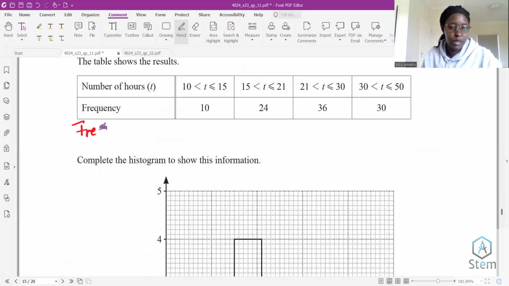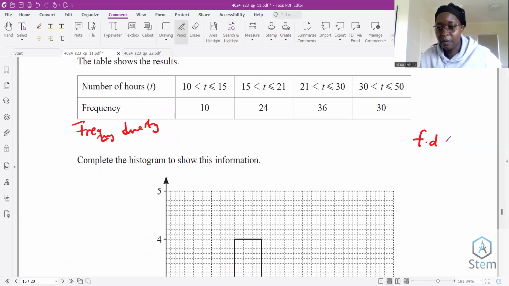Frequency density, FD, is equal to our frequency divided by our class width. So for this one here, let's find the frequency densities.